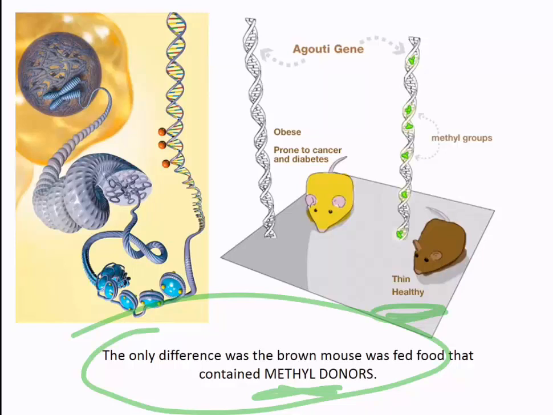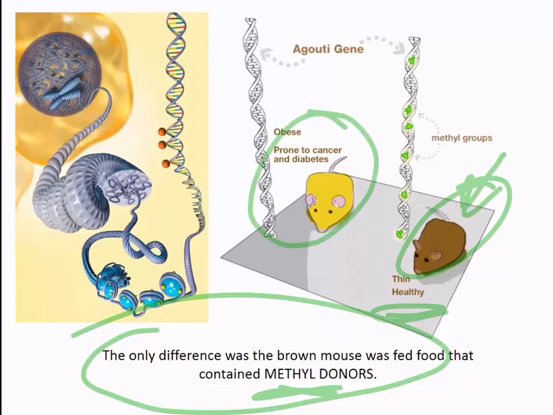What they found is that the food they gave this mom had methyl groups, and the offspring was thinner, had less cancer, was healthier, and the coat was actually brown. Then they had the same mouse, but they didn't feed the mom any methyl groups in her food. We're talking about the offspring now.